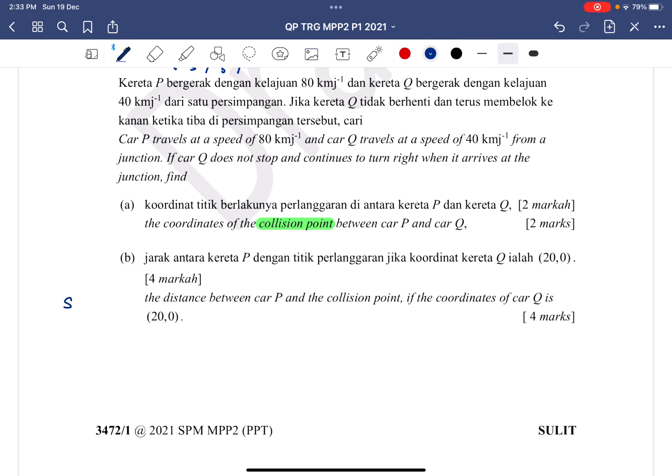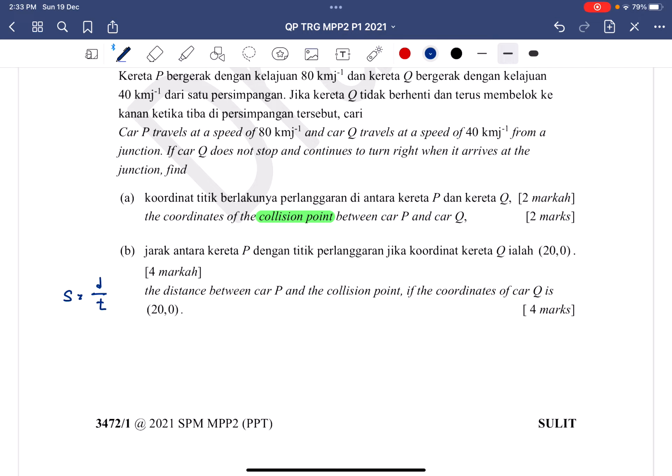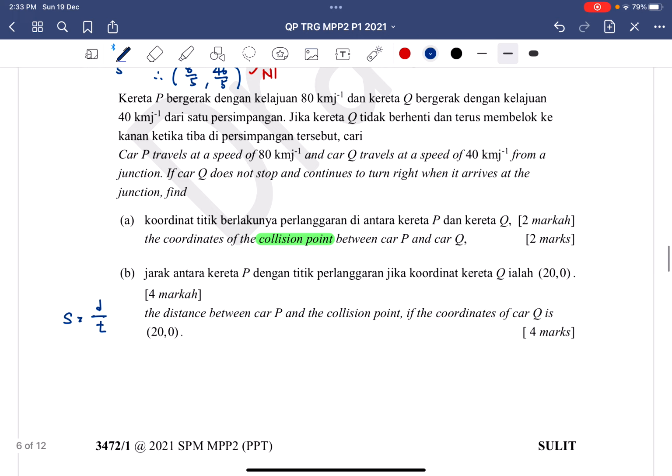So for P and Q, the speeds are different. The distances will be different also, but the time will be the same because the time of collision must be the same. Then they will collide at a particular point. So time should be equal to distance over speed.